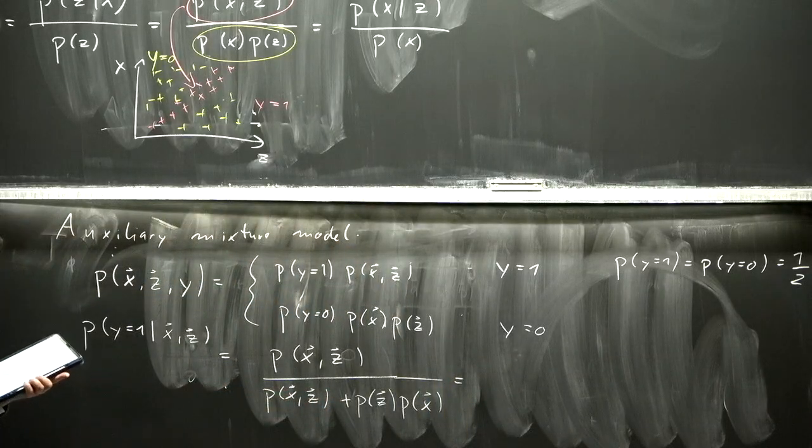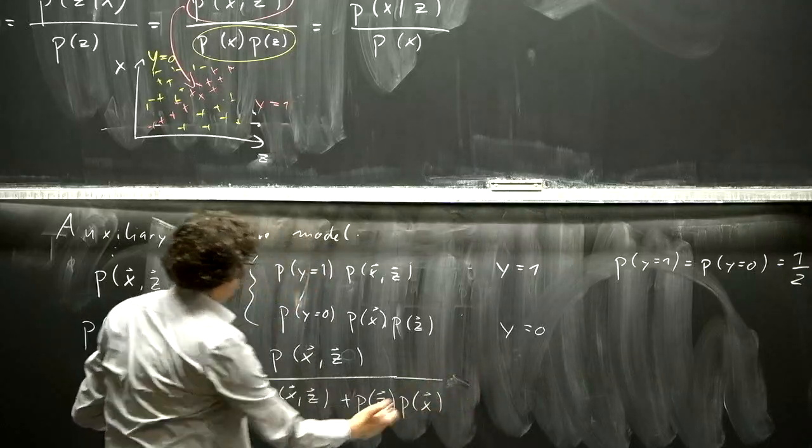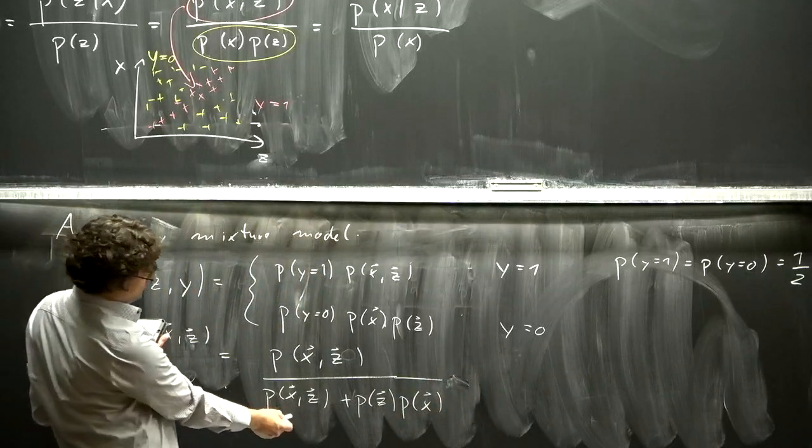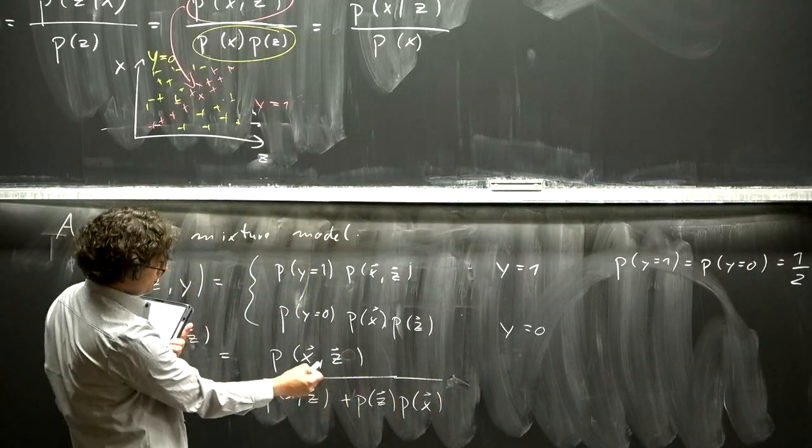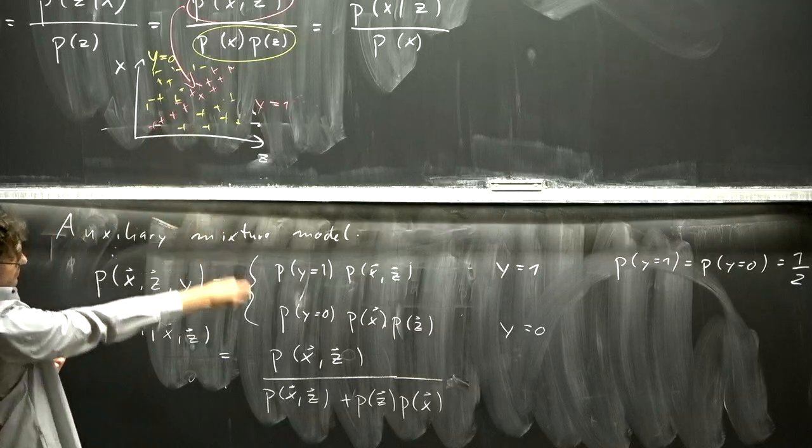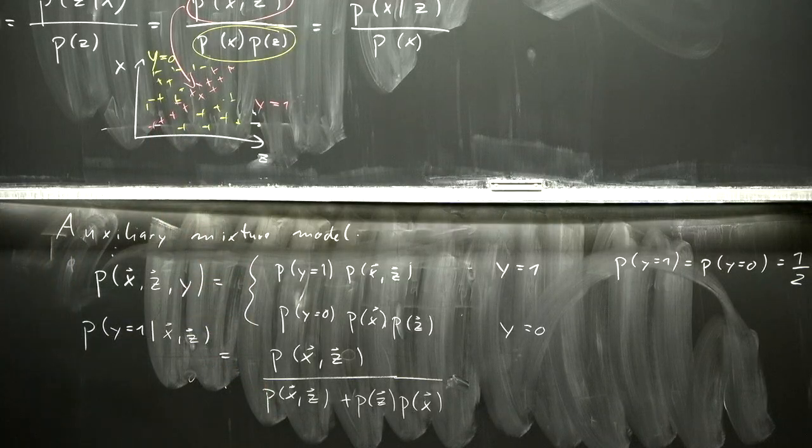Okay, and you can already see that if we now divide by the marginal distribution, we get the ratio, right? We get r divided by 1 plus r. So it's kind of hidden in there.